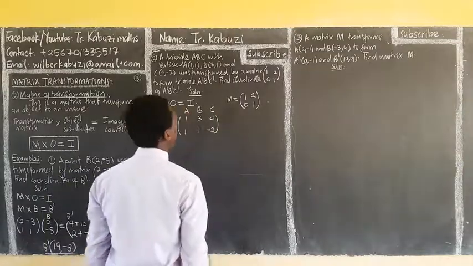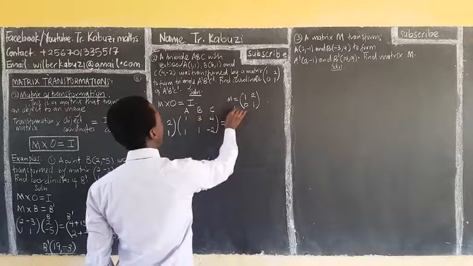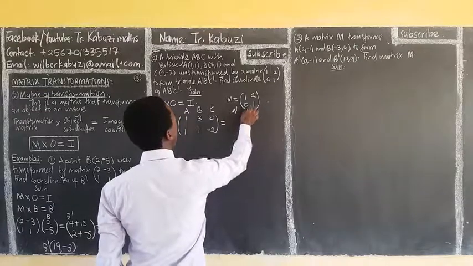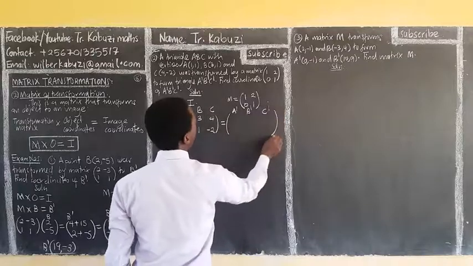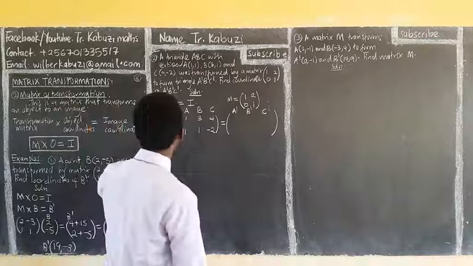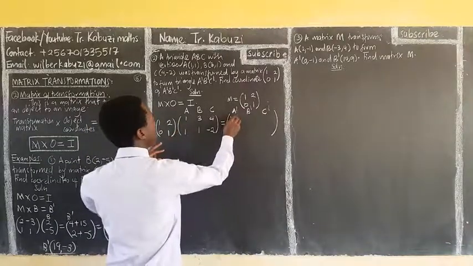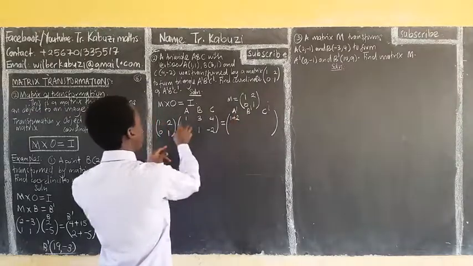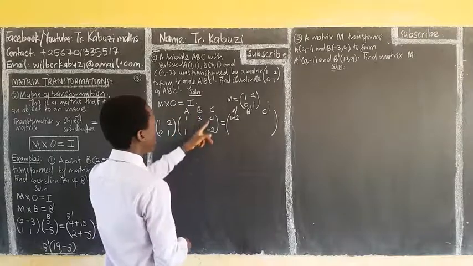Then this is going to give us our image, where A gives us A prime, B gives us B prime, and C gives us C prime in that order. So now, can I multiply? When you multiply, 1 times 1, I get 1. Then plus 2 times 1, I get 2. A row multiplies a column. So this row is going to multiply this column, and this column.